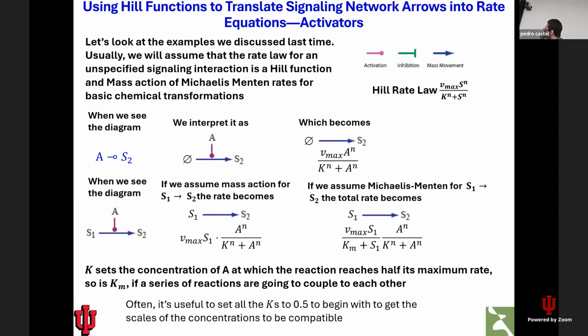About our sigmoid functions: this is what we're going to see later, but I decided to put a slide here because this is how you're going to write your sigmoids in reactions in the future.